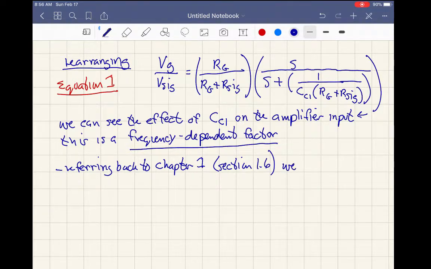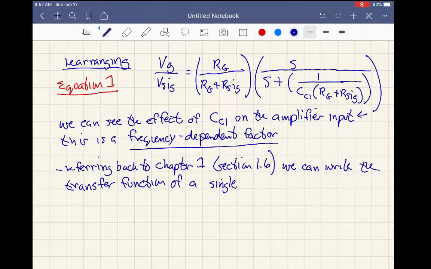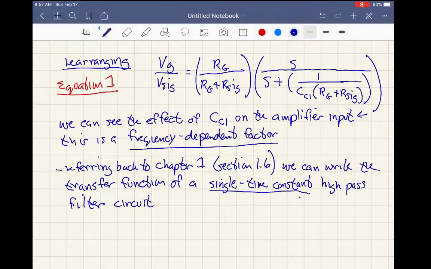We can write the transfer function of a single time constant high pass filter with a pole frequency omega p1.